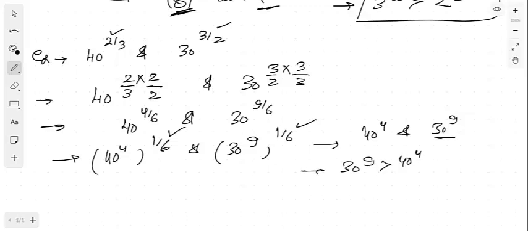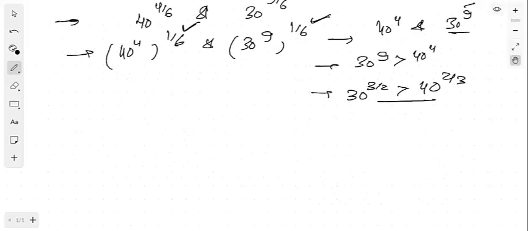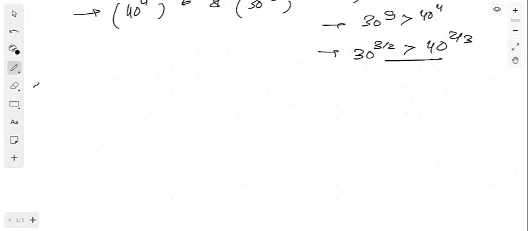Obviously, it will have a much higher value. Okay, so it is very much higher than that value, so it means that 30 to the power 3 by 2 is greater than 40 to the power 2 by 3. Okay, so your aim is to just make the powers same. As soon as you make the powers same, you'll find your answer.